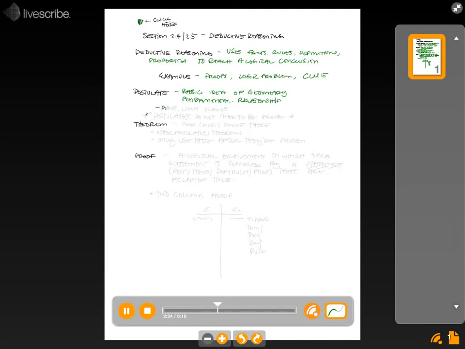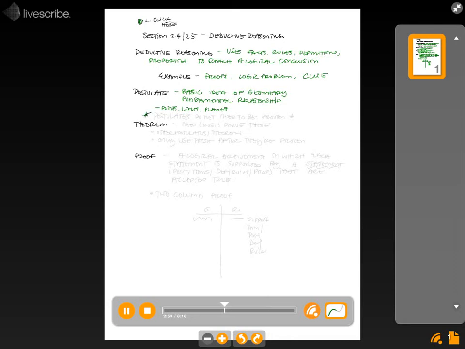Now, all the stuff that we know about points, lines, and planes, all of that stuff is postulates, and you're going to look at them in your next video. Okay? They're all basic ideas of geometry, and we put those into writing and we call them postulates.